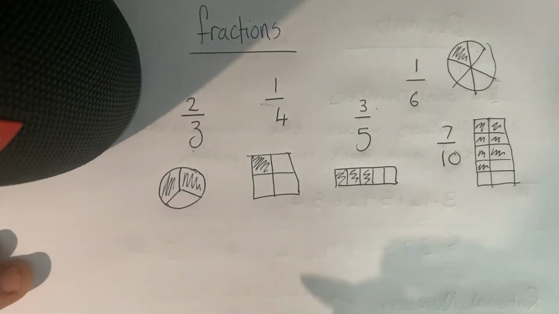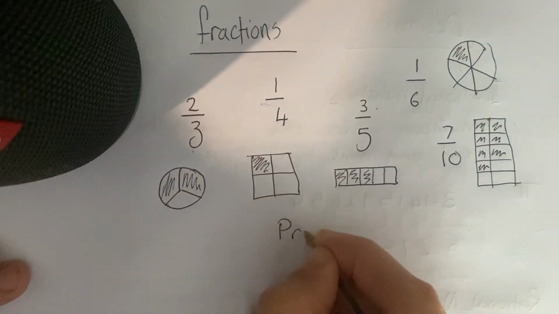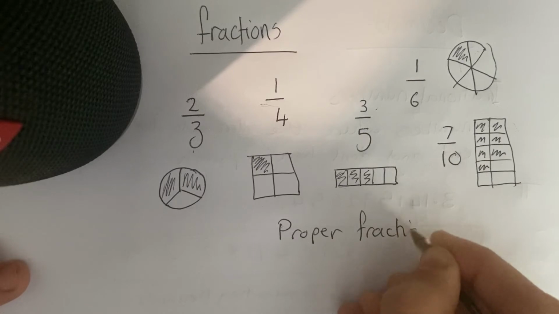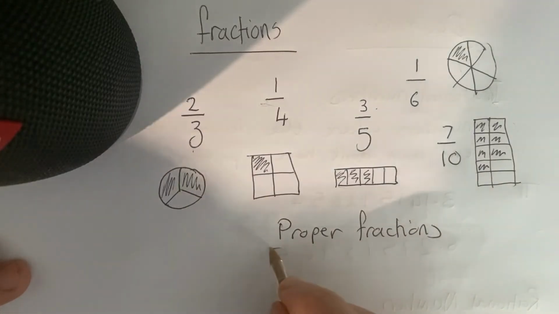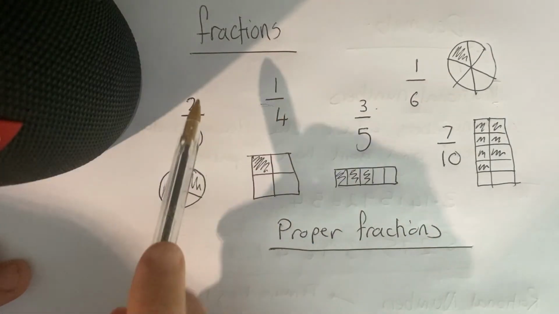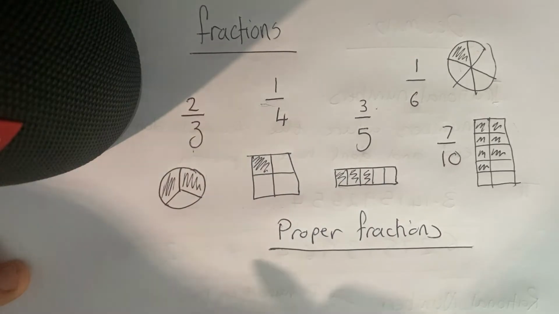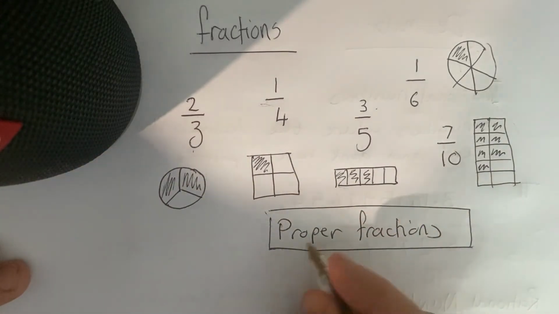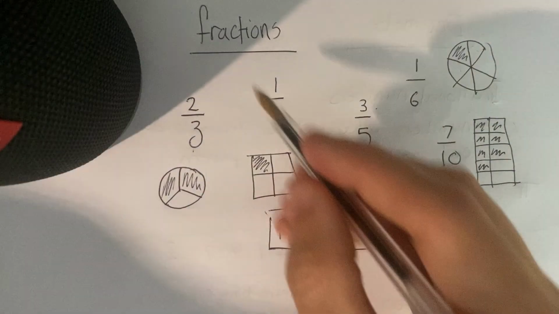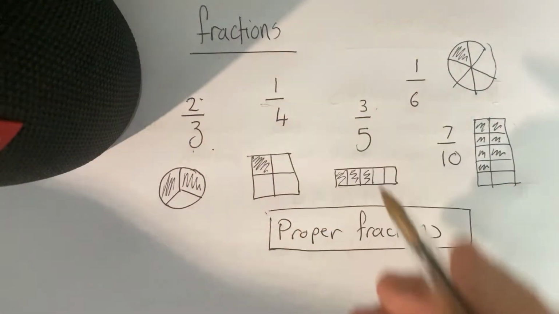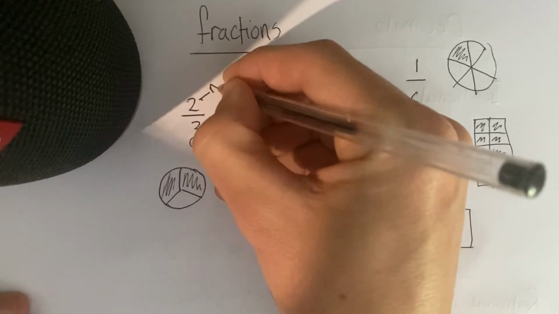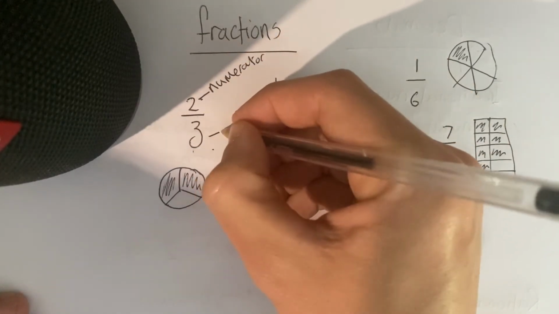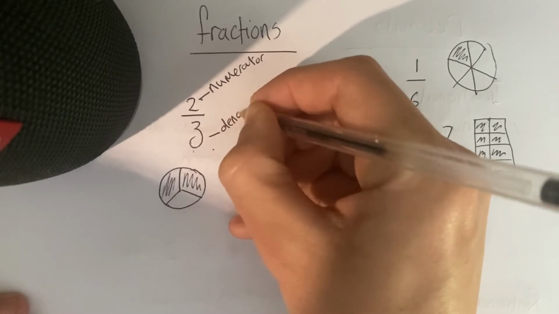Okay, these are all proper fractions, because the top number is smaller than the bottom number. Okay, so proper fractions. And let's use the right words. So this is the numerator, this is the denominator. Numerator, denominator.